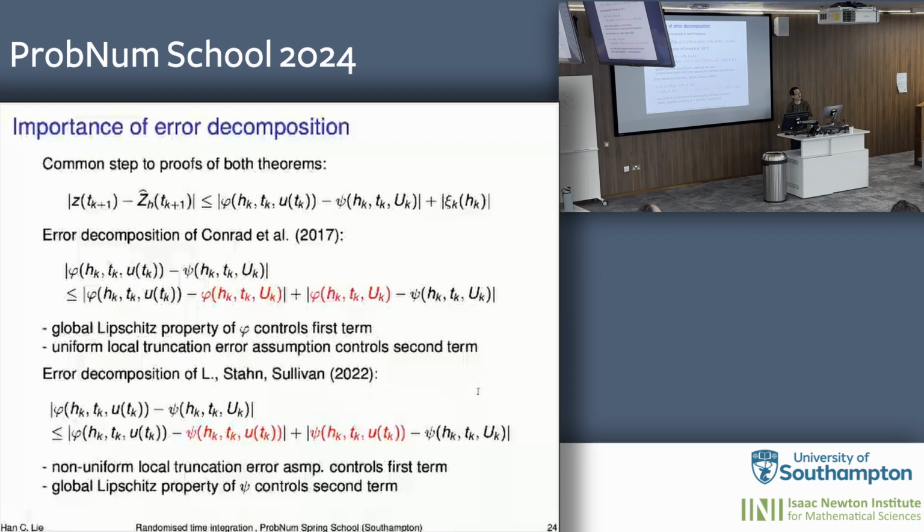You have to know for what application you're working in, what assumptions are reasonable and what assumptions are probably too strong. And these assumptions will guide you to choosing the right error decomposition. So in our setting, it's okay to have strong assumptions on the numerical method, but it's not okay to have strong assumptions on the flow map. That's why this assumption was much better for looking at ODEs in Hilbert spaces.